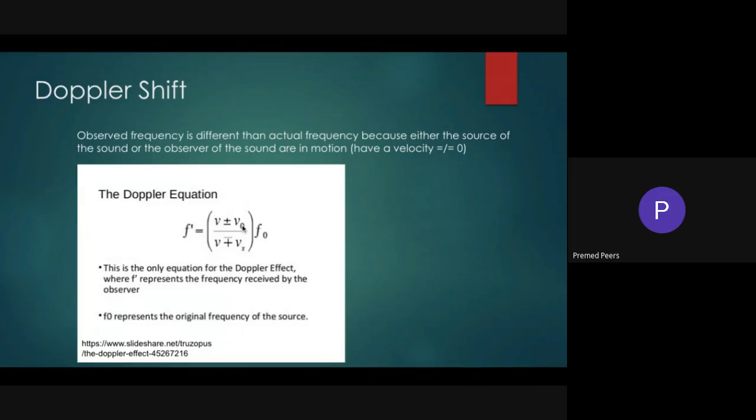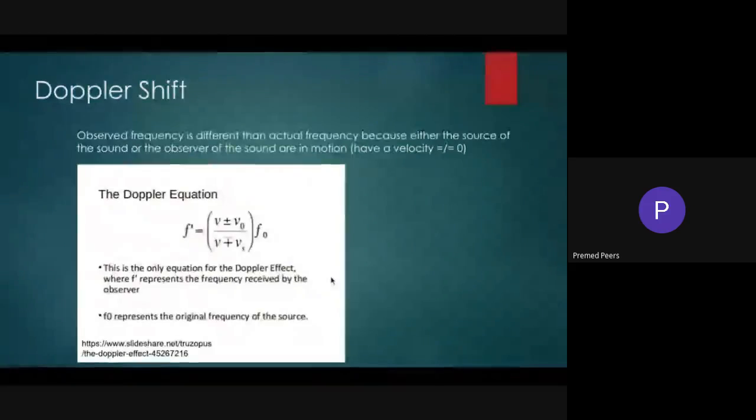This VO is velocity of the observer, and VS is velocity of the source. So like I was saying, for the source, you subtract it when it's coming closer to the observer, and you add it when it's going away from the observer.